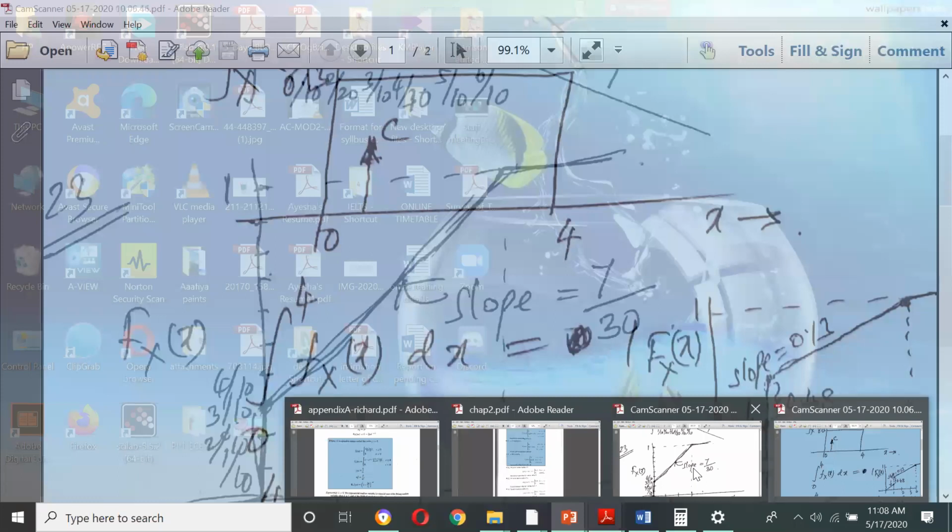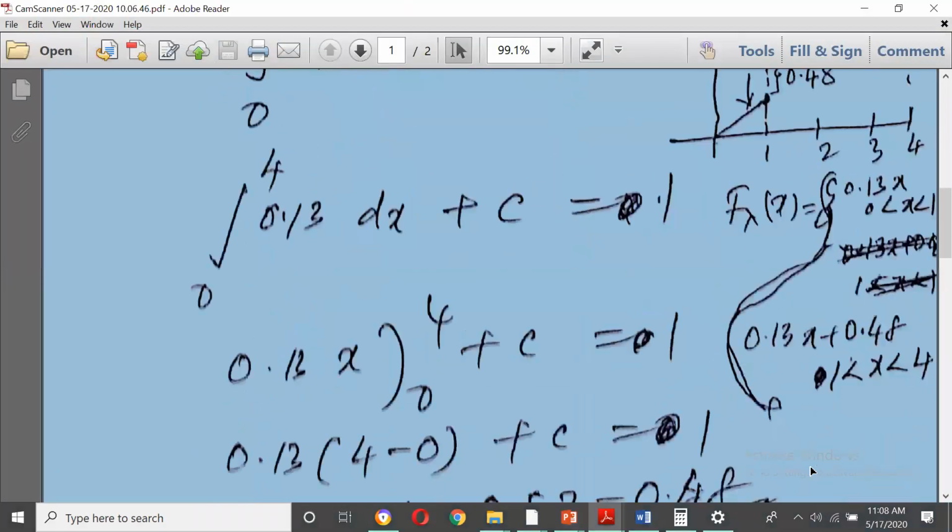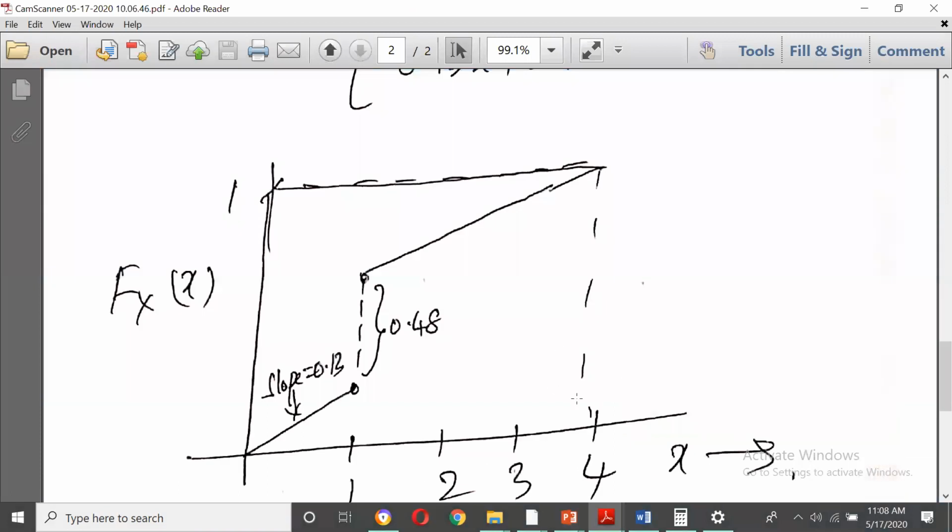So it is almost the same figure as we have here, only that the slope will be 0.12 till 3, a discontinuity of 0.4, then a slope of 0.12 till 5.